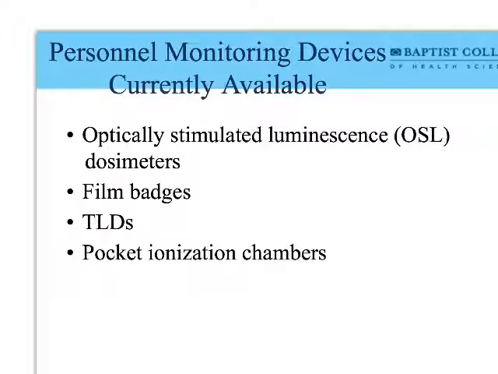So TLD stands for thermoluminescent dosimeter. It's heated and it produces a glow curve, right? And that glow curve, then again, we relate back to a certain amount of radiation exposure. That's in your textbook on page 721 and 722.